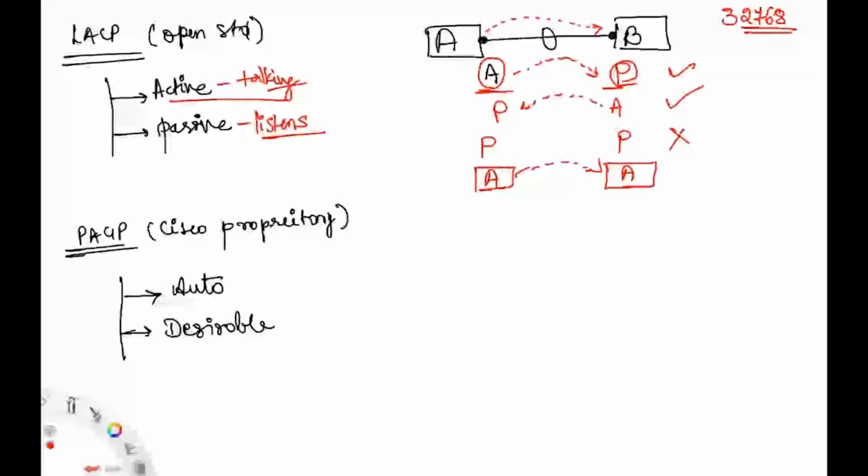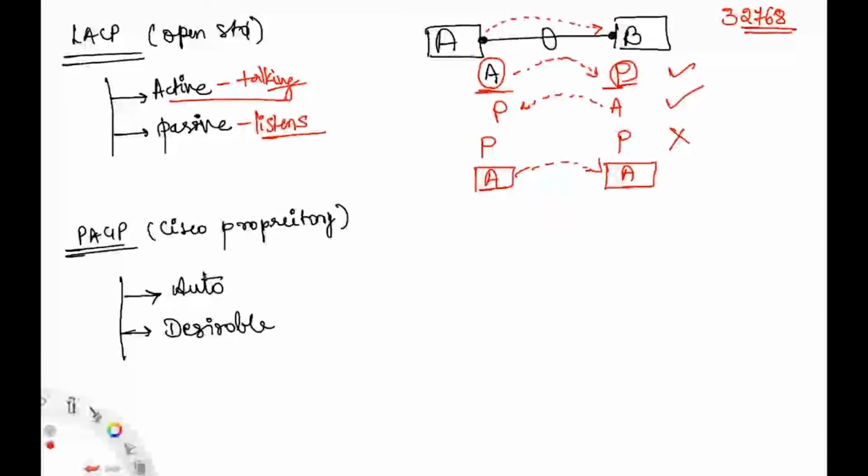Now, if both sides are configured as active, then LACP priority comes into picture. Whichever device has the least LACP priority, the port on that particular device is the first one to initiate the negotiation, and the other port will not. He will just listen.